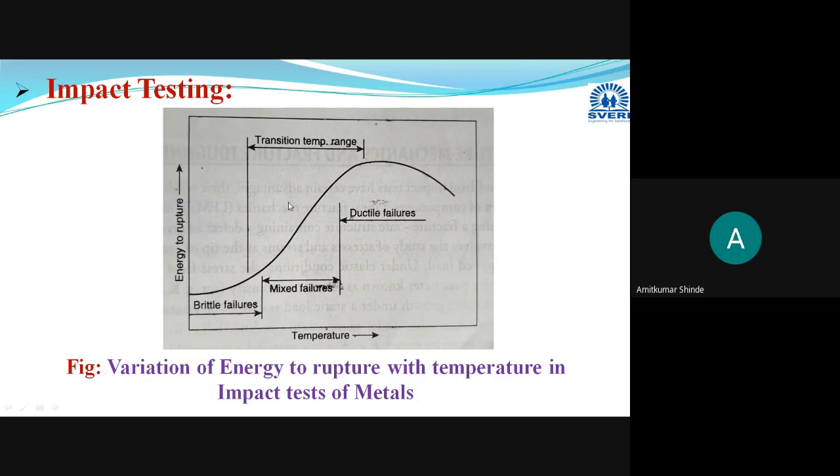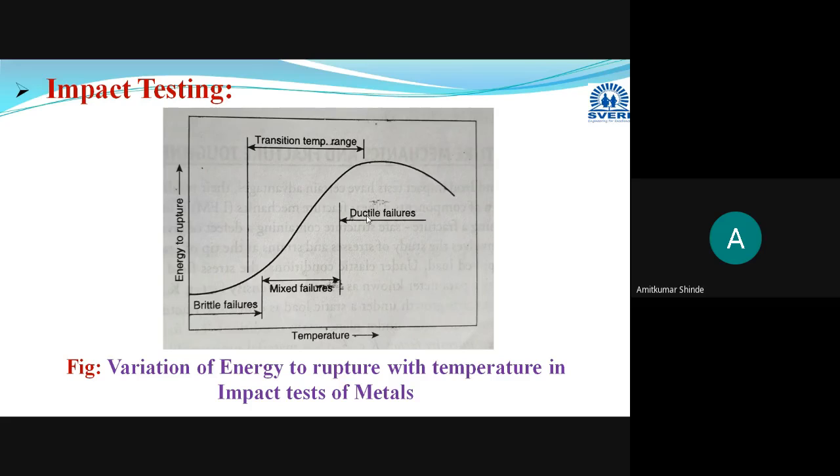In the temperature point, you have to just mention that when temperatures are very low, then failure will occur in a brittle manner, and when temperatures are a little bit higher, then failure will occur in a ductile manner. Now here one term is there, ductile brittle transition temperature.